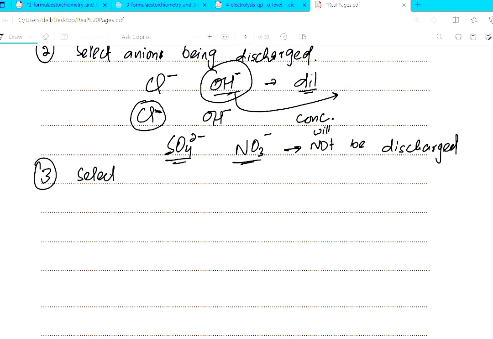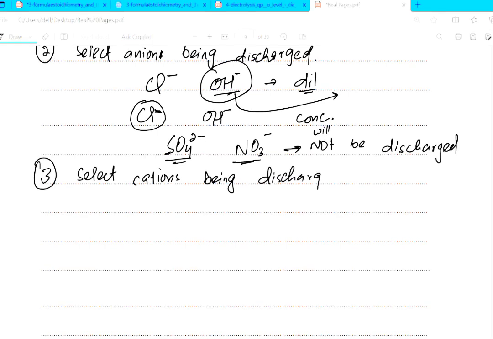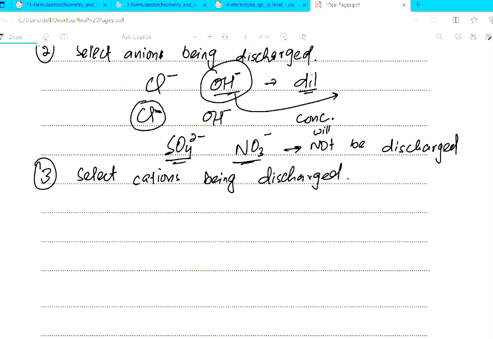Third thing is to select the cations being discharged. In case of sodium chloride dilute, we have H+ and Na+. So you know that hydrogen will be preferred, it will be discharged.